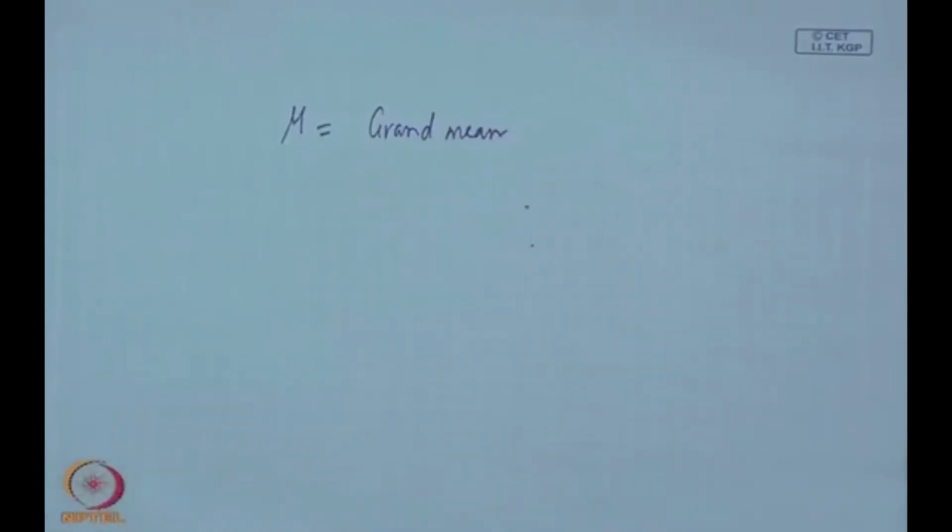By grand mean what do we mean? You have three processes in this case. You have produced several items, you have measured the outer diameter, and irrespective of the process you take everything as a whole and compute the mean. This is the grand mean, the totality.